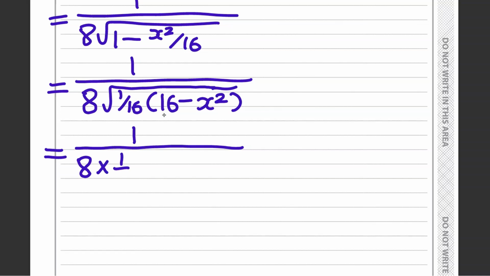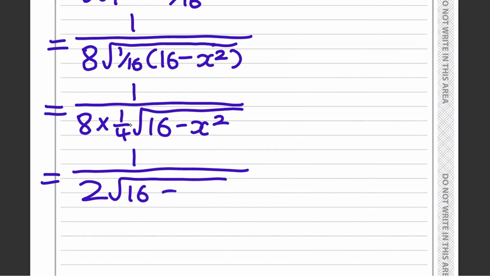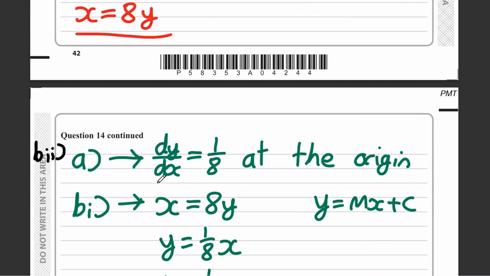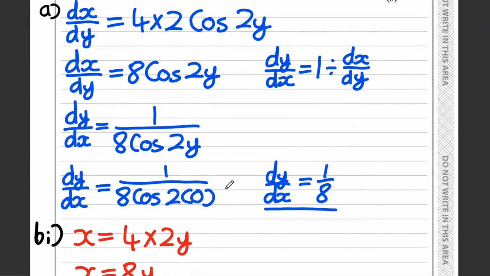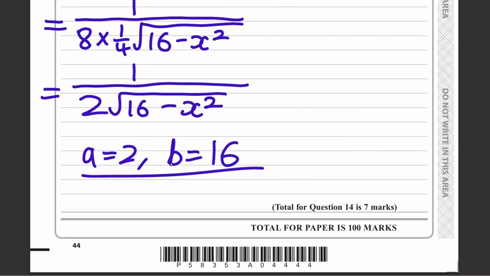So if we take this out of the square root, and then this is the square root of 16 minus x squared, we can simplify this because we can write this as 1 over, and then 8 times a quarter is equal to 2, and then this is the square root of 16 minus x squared. And this is in this format where a is equal to 2 and b is equal to 16, and this is the final answer.